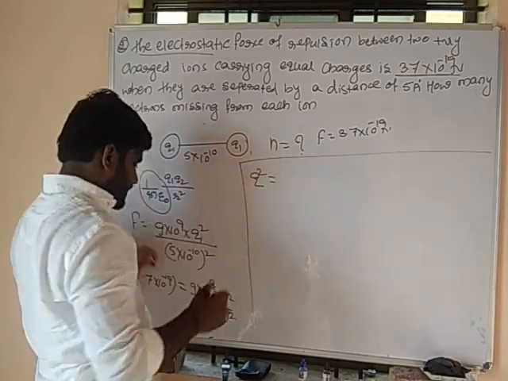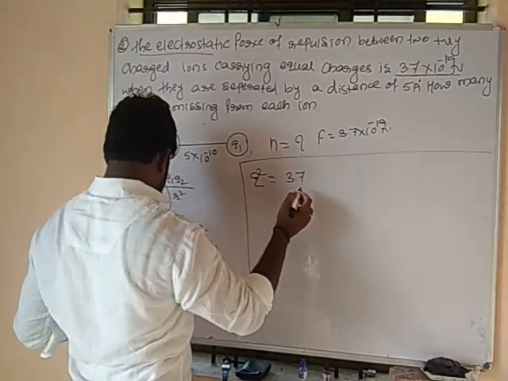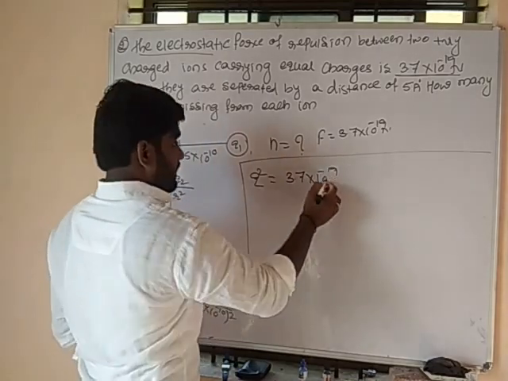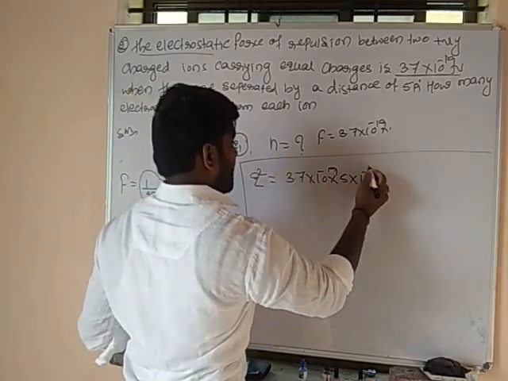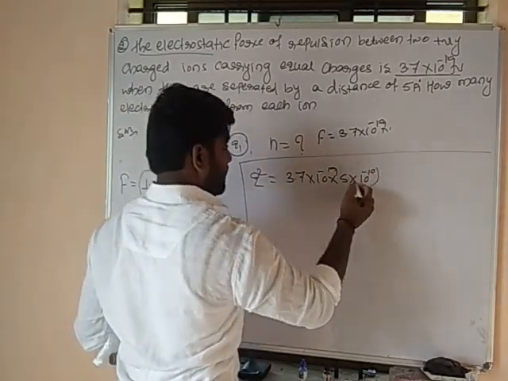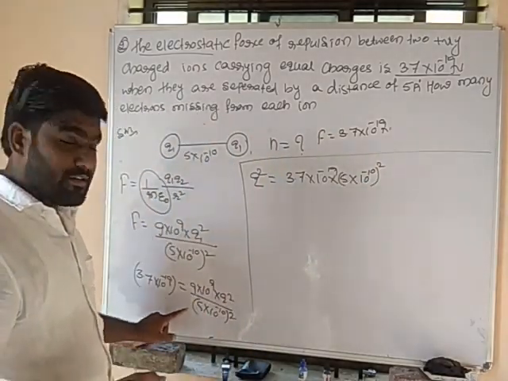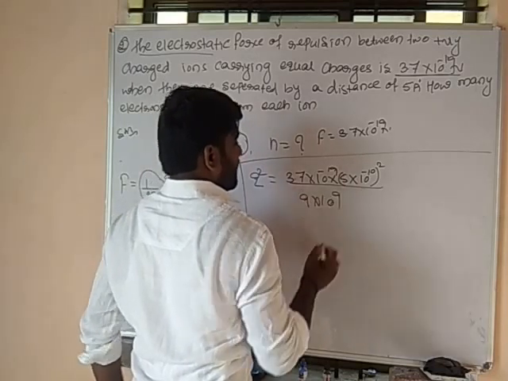This Q square is equal to, it will multiply over here. This will be 3.7 into 10 to the power minus 19 into 5 into 10 to the power minus 10 its square divided by 9 into 10 to the power 9.